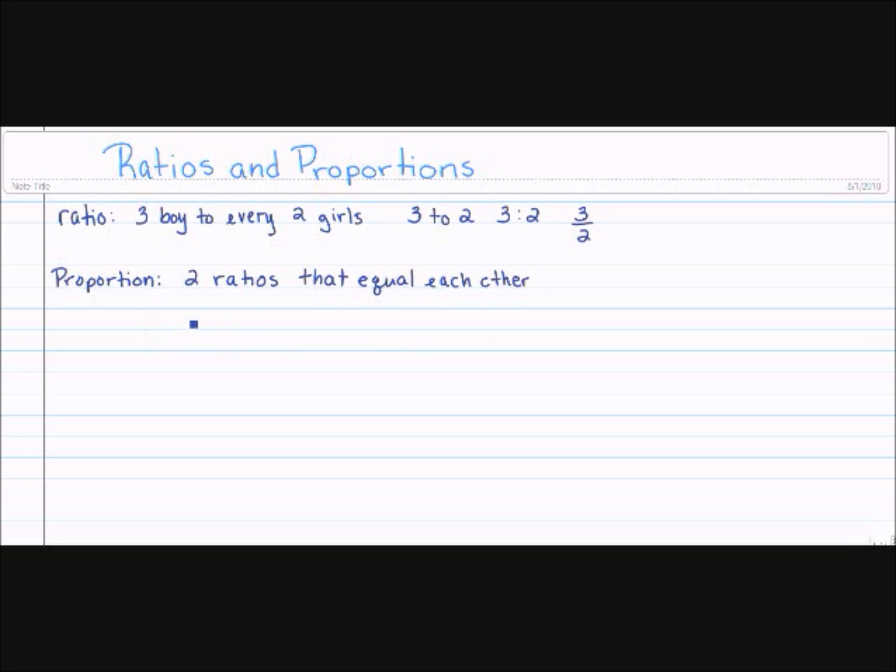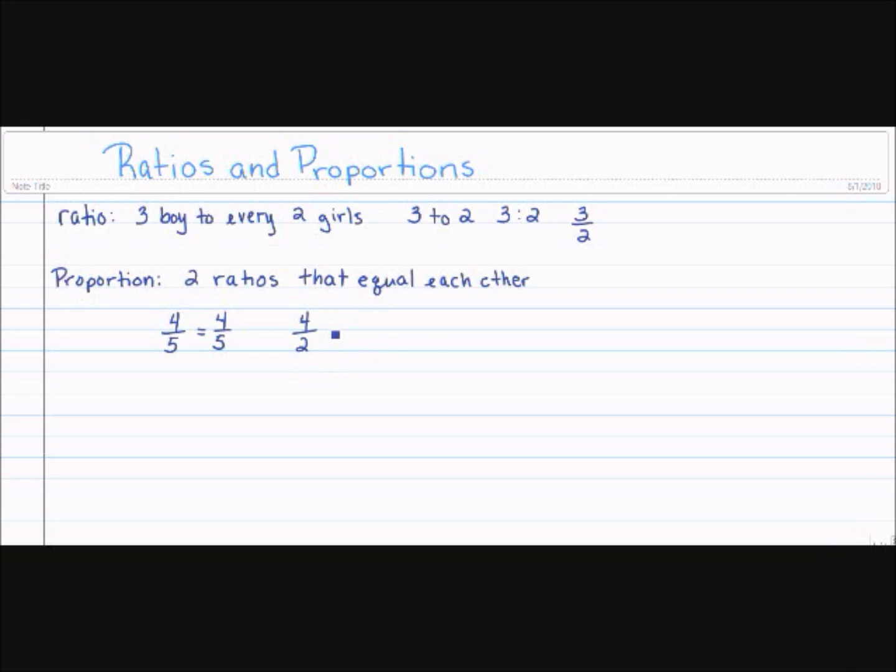So, for example, 4/5 equals 4/5. Duh. That's kind of blatant there, isn't it?